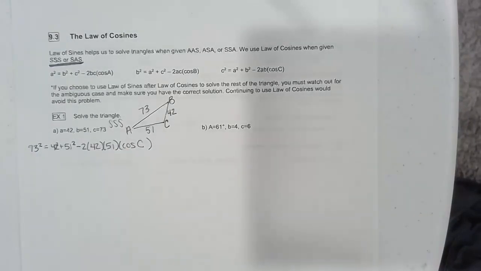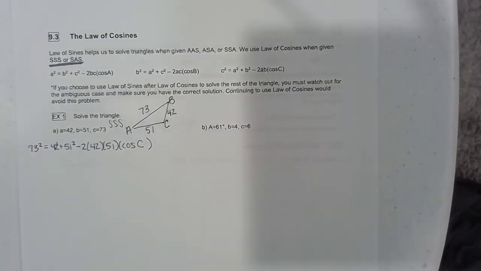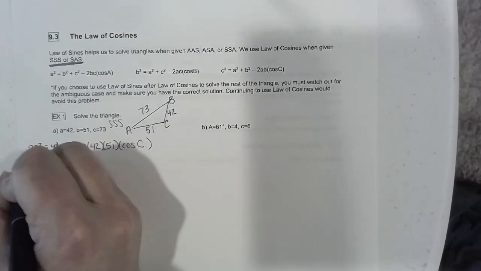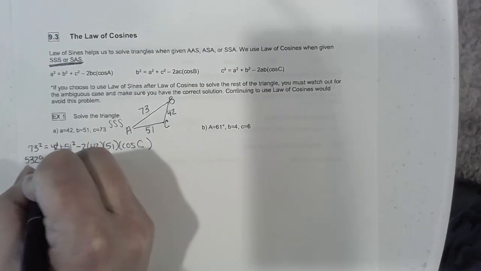Now, hopefully we have not forgotten order of operations, because if you try to rush through, you might miss it, which obviously we need to be careful to make sure that doesn't happen. So when I square the 73, I get 5329.